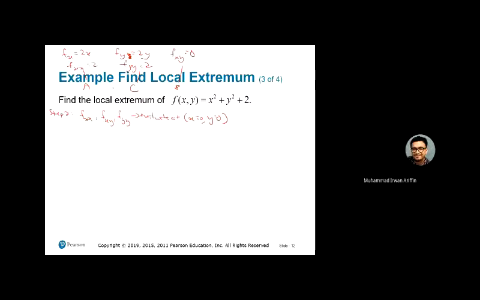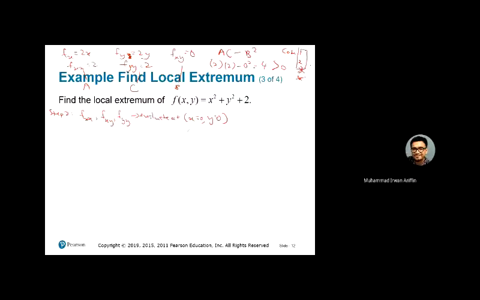So we need to check which of the 4 cases, and evaluate AC minus B square. Our A is 2, so 2 multiplied by 2 minus 0 square equals 4. 4 is greater than 0, so we have ruled out cases 3 and 4. So it is either 1 or 2.